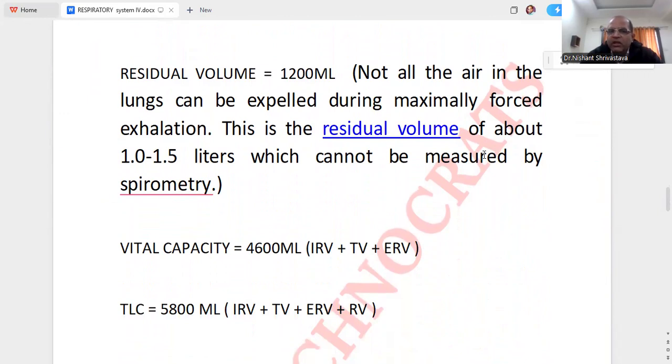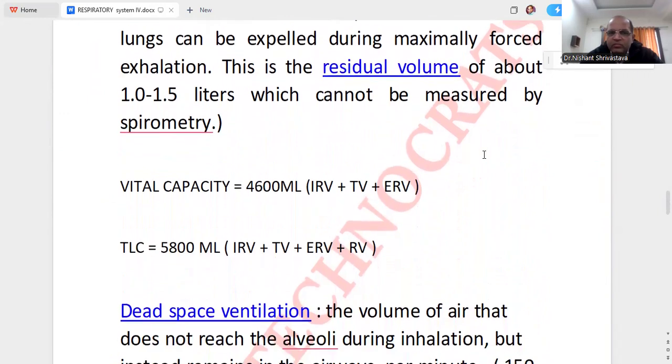Not all the air in the lungs can be expelled during maximal forced exhalation. This is the residual volume of about 1 to 1.5 liters, which cannot be measured by spirometer.